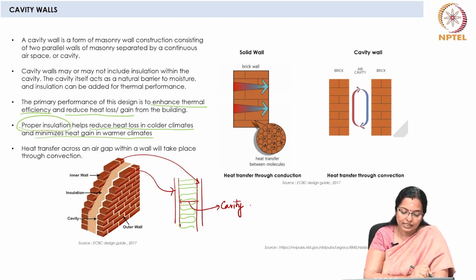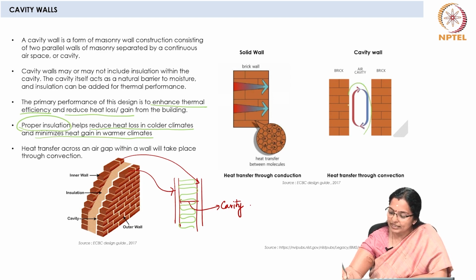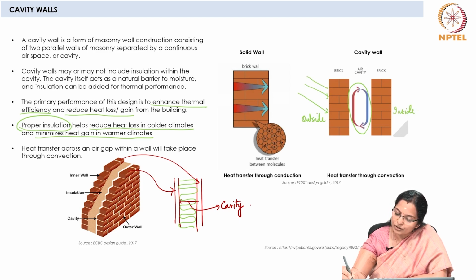Heat transfer across an air gap within a wall will take place through convection, as is shown here. So, when the surface of the outer wall, say this is outside and this is the inside, gets warm and the wall becomes warm, the air closer to this wall becomes warm, and through convection it becomes cool, and this cycle keeps on repeating itself.